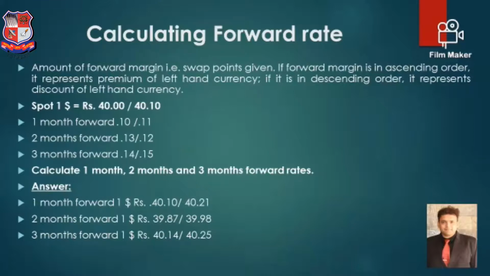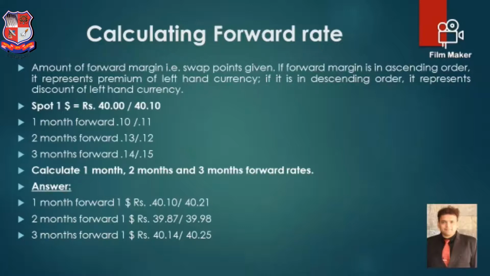So the 1 month bid rate is 40 plus 0.10, it is 40.10, and the ask rate is 40.10 plus 0.11, that comes to 40.21. Now for 2 months, as it is descending, it is considered as selling at a discount, so we will subtract it from the spot rate. All adjustments are done with respect to the spot rate. The spot bid is 40 and the 2 month forward bid swap point is 0.13, we will subtract it.